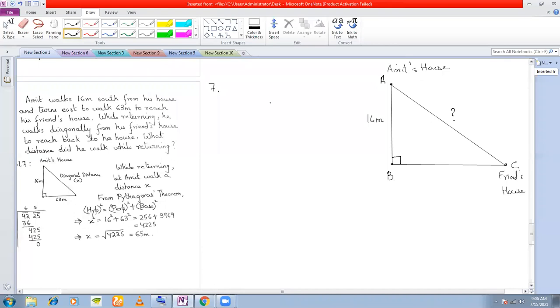Now here he has walked 63 meters, so we will mark here 63 meters. We shall use Pythagoras theorem for this problem.